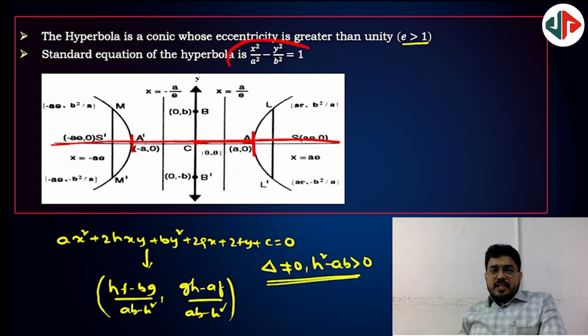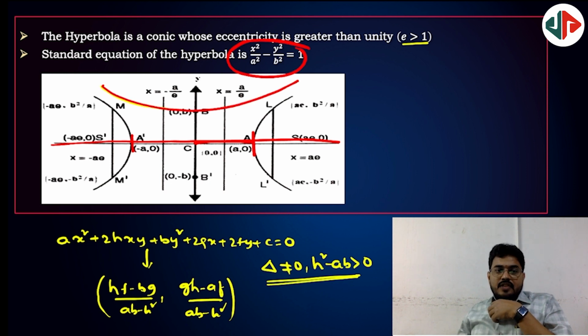So interchanging the transverse and conjugate axis, you will get its conjugate hyperbola. So the conjugate hyperbola will be like this.